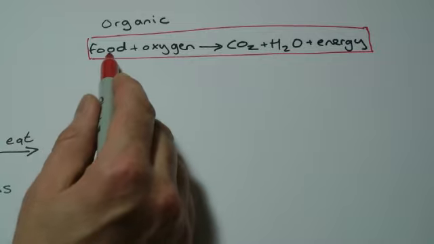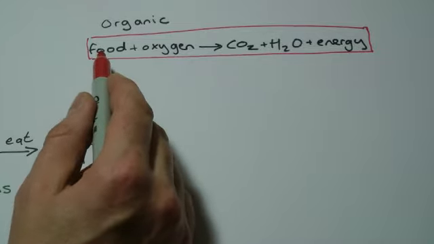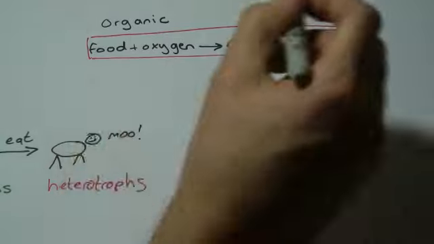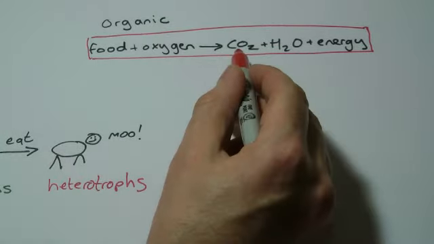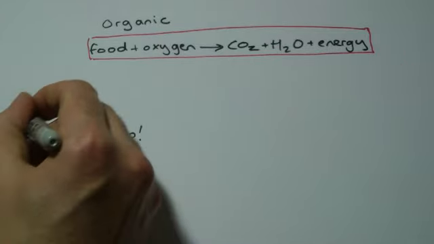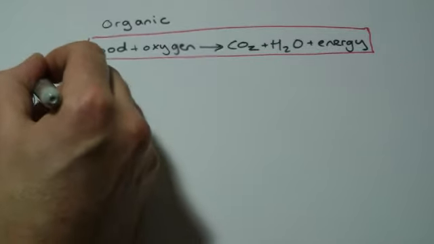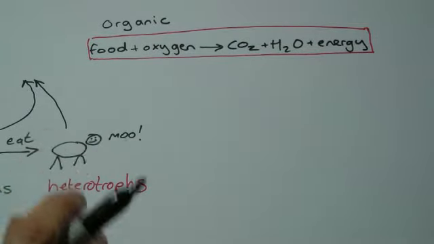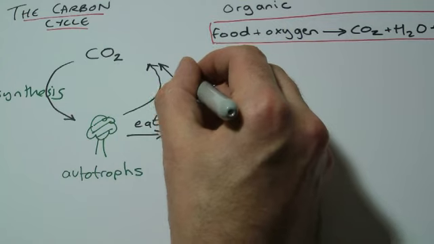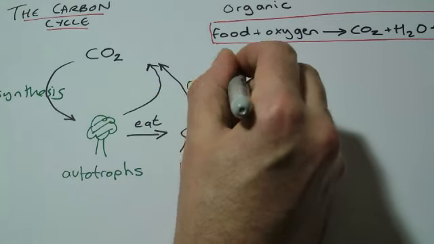It could be sugar, glucose, you'll often see it written as, but it could be proteins and lipids as well. Now, this is a way that carbon dioxide can get back into the atmosphere. So both plants and animals put carbon dioxide back into the atmosphere in the process of respiration.